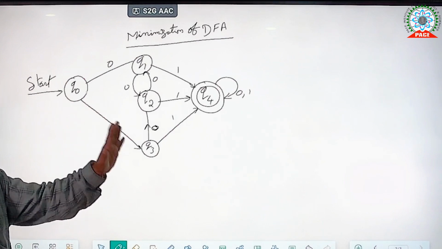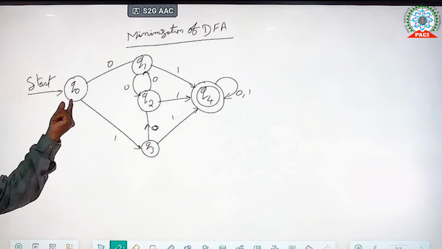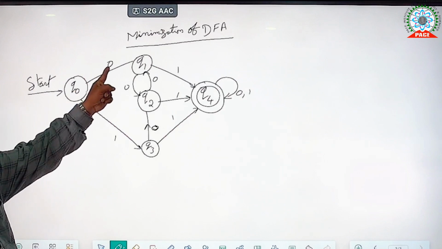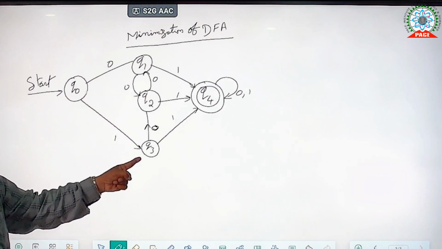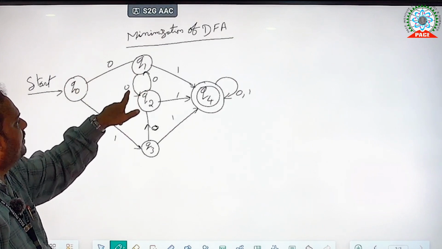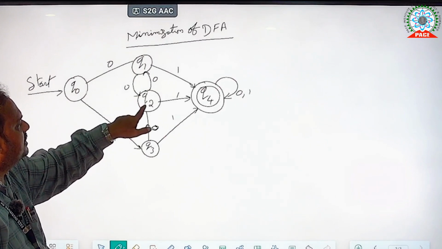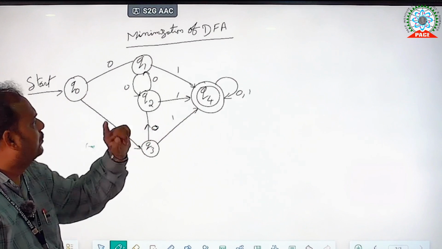First of all, we have to see whether this diagram follows the DFA rule or not. Here Q naught is the initial state, having the 0 transition to Q1, and again Q naught has the 1 transition to Q3. So this follows the DFA rule. Here also Q naught has the 0 transition to Q2, and Q1 has the 1 transition to Q4.